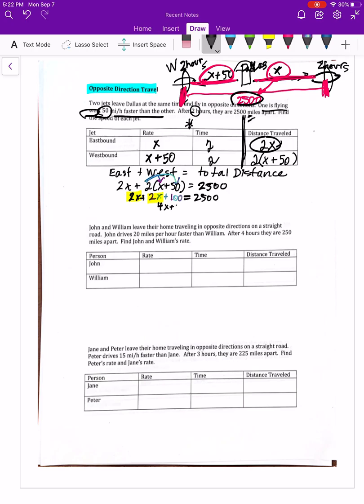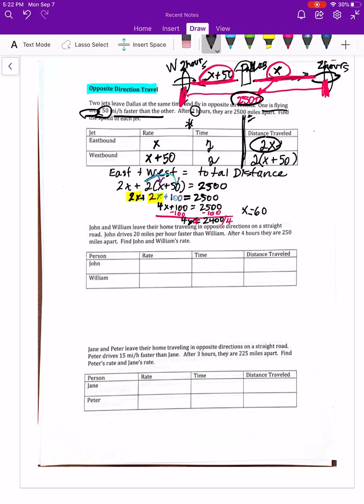So 4X plus 100 equals 2,500. Now you have a two-step equation, so subtract 100 from both sides, keeping it balanced and equal. So that gives you 4X equals 2,400. Divide by 4, divide by 4, and that gives you X equals 600.